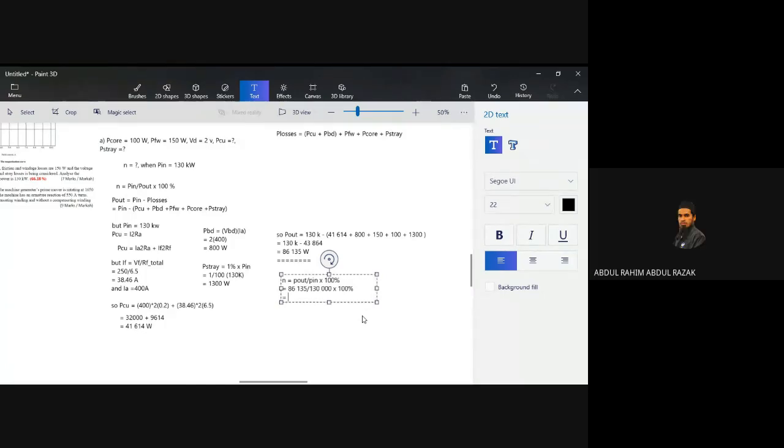So komponen mana yang lain dalam tu? P3, P out, P copper, P brush block, P friction windage. Yang mana yang silap? Yang termissing, because saya punya key in data yang silap.